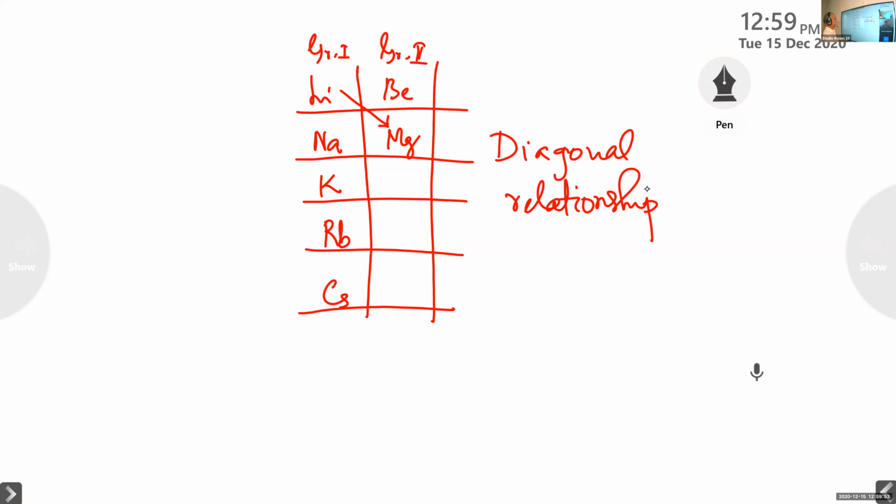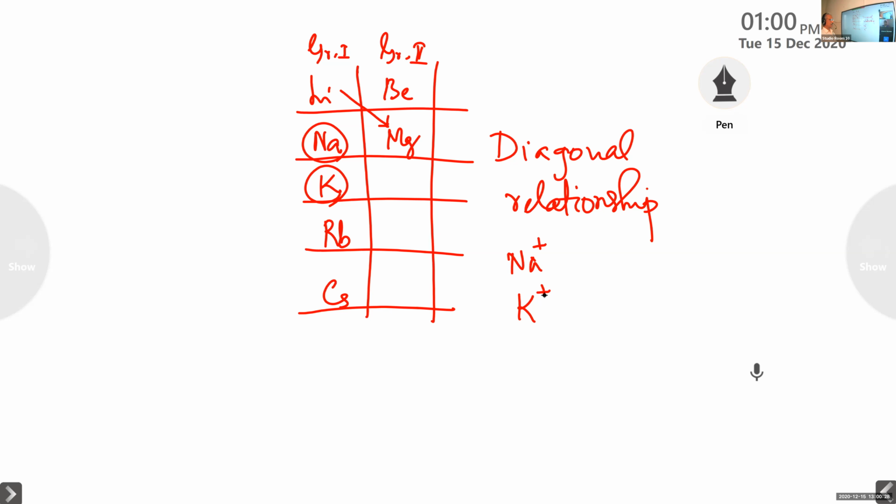Among these, sodium and potassium are biologically important metals. You know, sodium ions, Na plus ions and K plus ions, play a very important role in our biological system, in our cell fluid system, to maintain the cellular pressure, the body pressure.